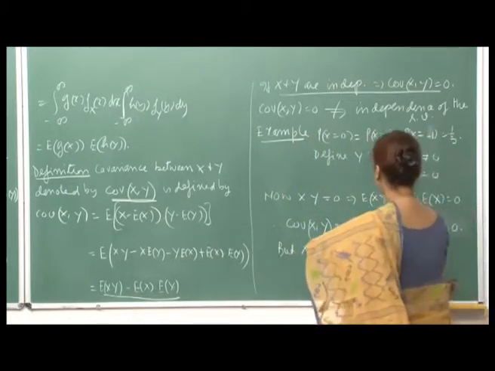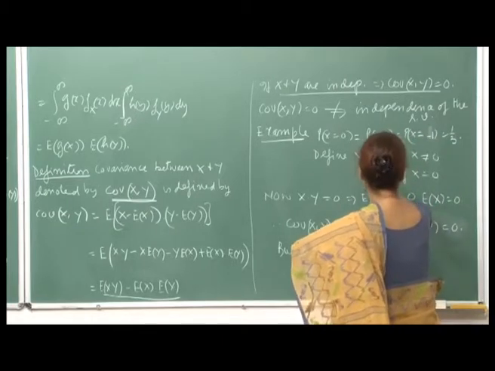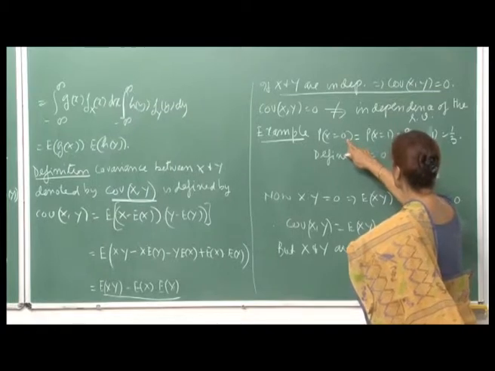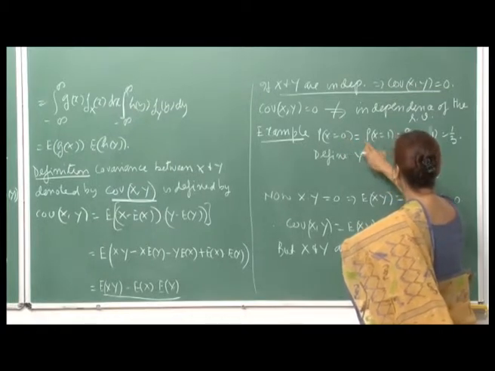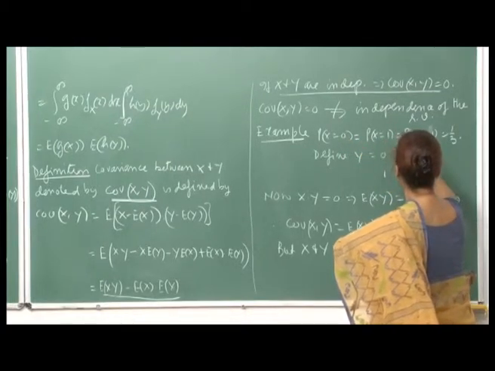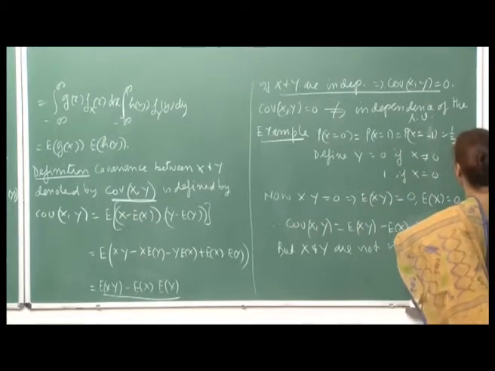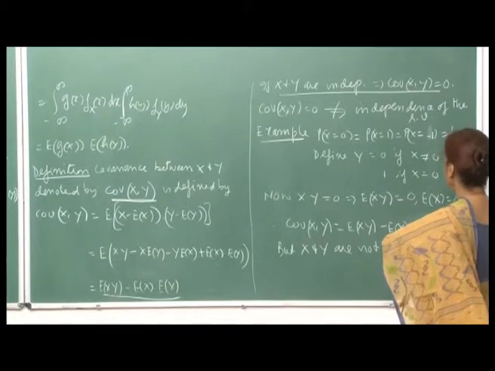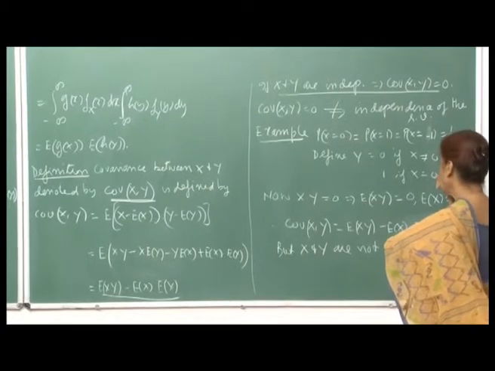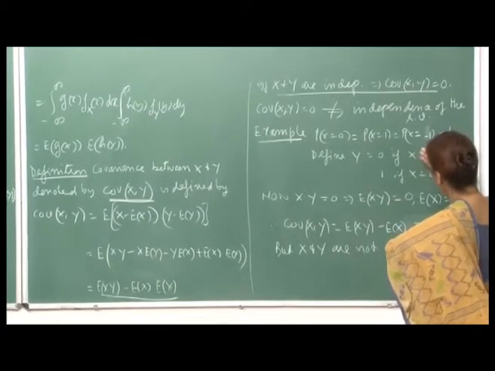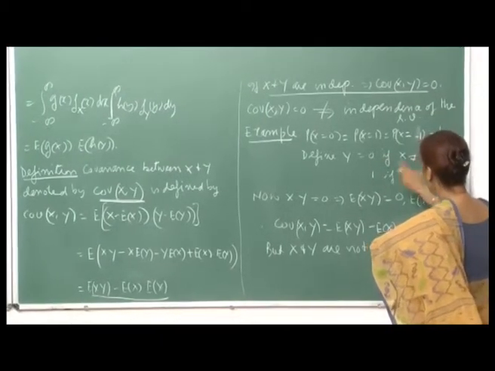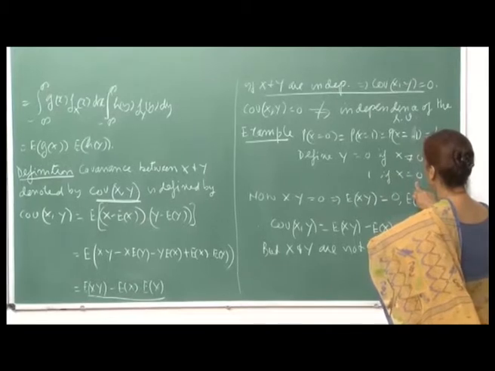Let us see an example. We define a random variable X which takes 3 values: probability X equal to 0, probability X equal to 1, and probability X equal to minus 1 are each equal to 1 by 3. So all 3 are equally likely. Then I define a random variable Y which is totally dependent on X. Y is 0 if X is not 0, and Y is 1 if X is 0.